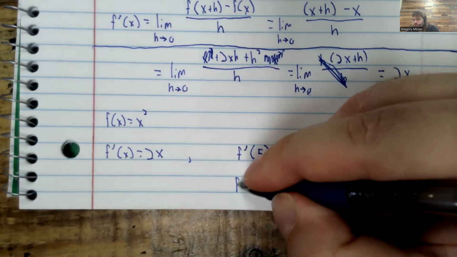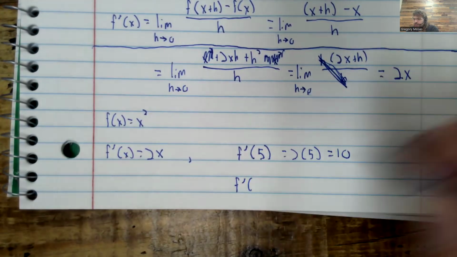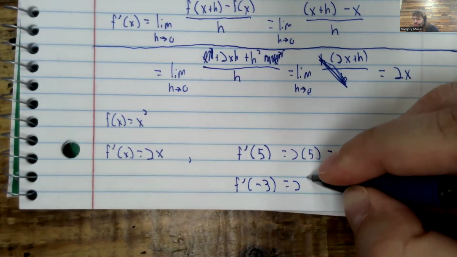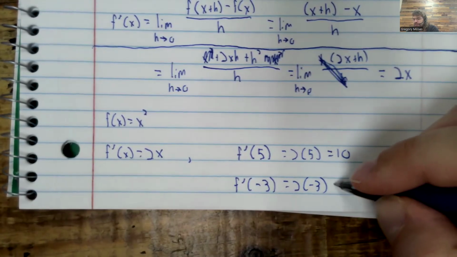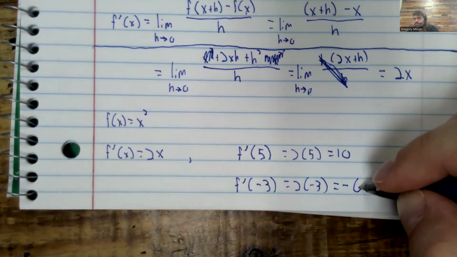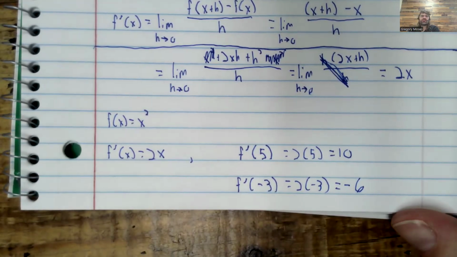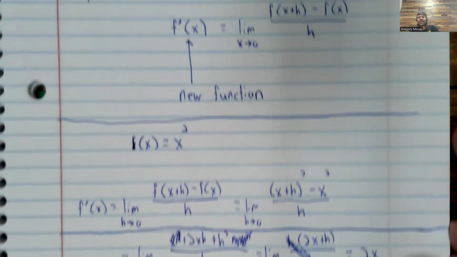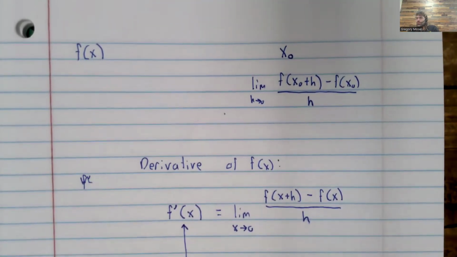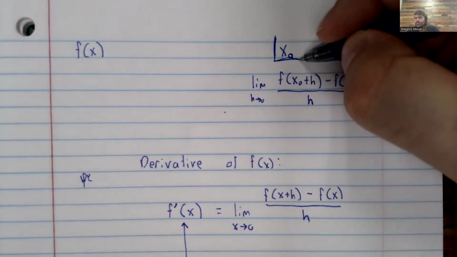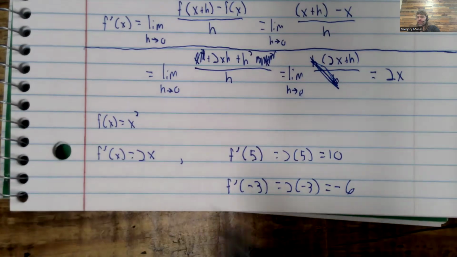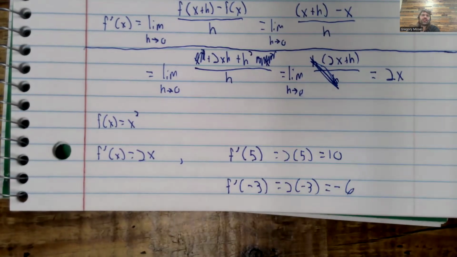If we want to know f prime of -3, it's 2 times -3, which is -6. So unlike last section, where we have some specific point that we're starting with, here we have a function and we can input any value that we want into it.